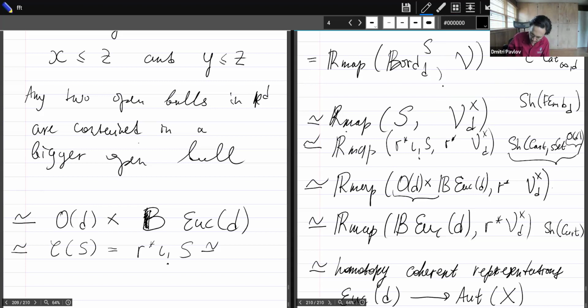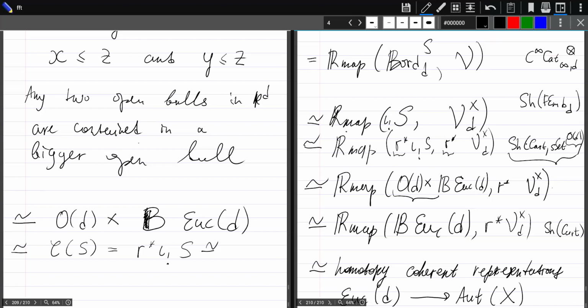So here I can harmlessly insert iota shriek. So R star is a Quillen equivalence, so it's harmless to insert this Quillen equivalence in front of both arguments. And that's what happened in this step here. Iota shriek S mapping to V cross D is the same as putting R star in front of both. Since R star is a Quillen equivalence, that's a harmless thing to do. It will not change the answer.